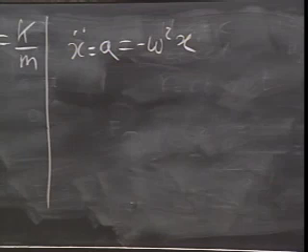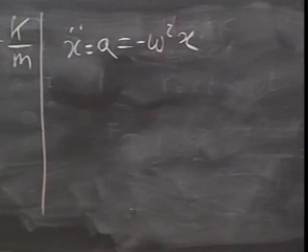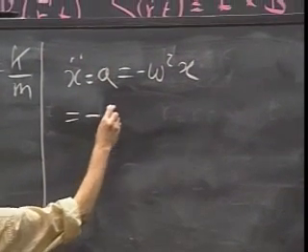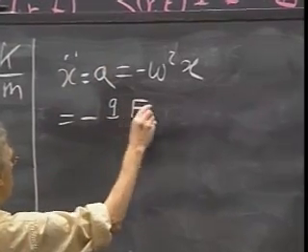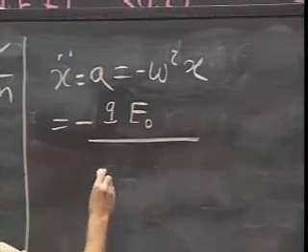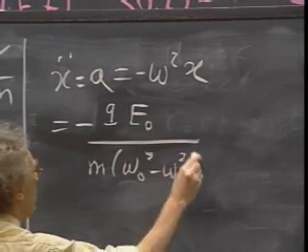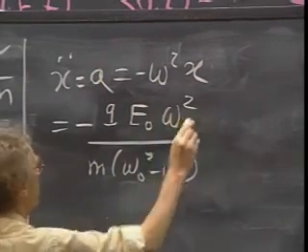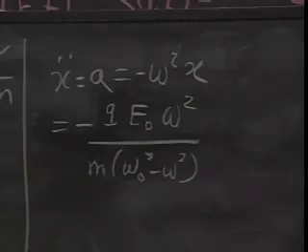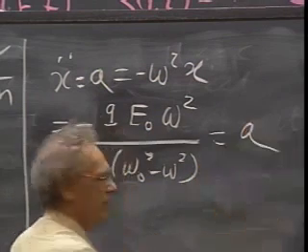You've seen that before. And so that becomes minus q E0 divided by m, omega 0 squared minus omega squared, and then upstairs an omega squared. And that is the acceleration of this electron.